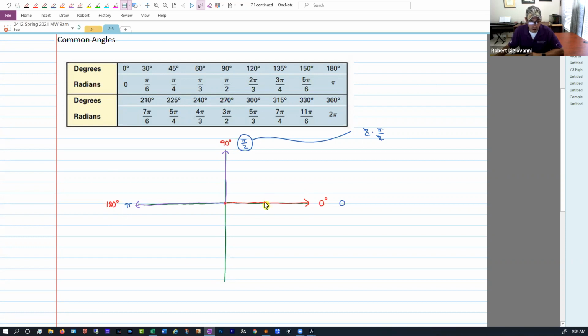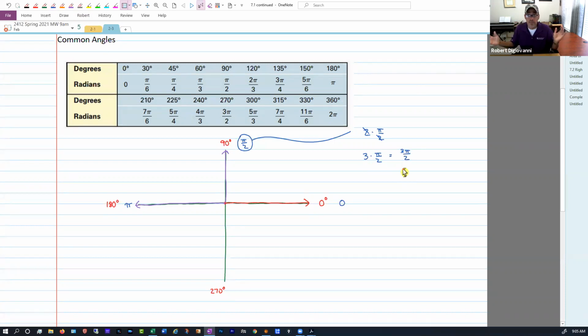I start here, I do one 90, then two 90s, three 90s. 3 times 90 would be 270. But I've also done three of these pi over 2s. So what's 3 times pi over 2? I cannot cancel anything here, so I just multiply the 3 across the top and put 3 pi over 2.